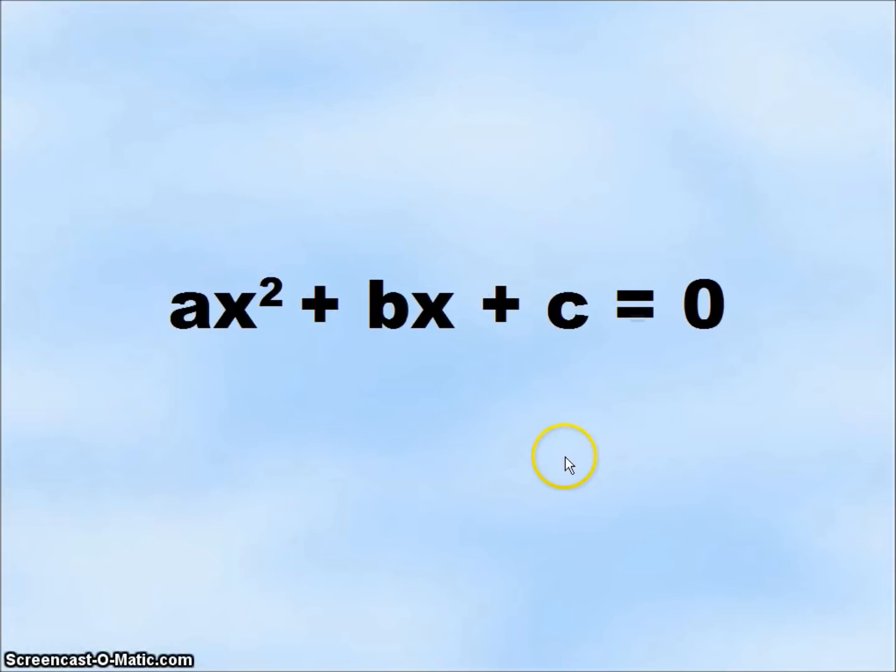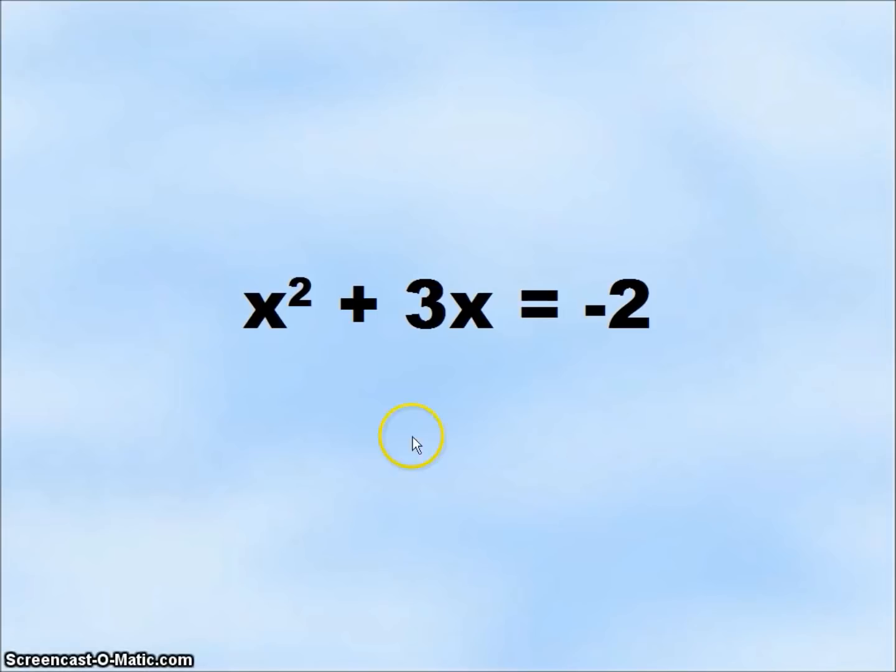Again, the key to making this quadratic is that I've got a second degree term, and these coefficients for each term. Let's go back to this guy. In this case, my a is just simply 1. The b, or the second coefficient, is 3. What's up here?